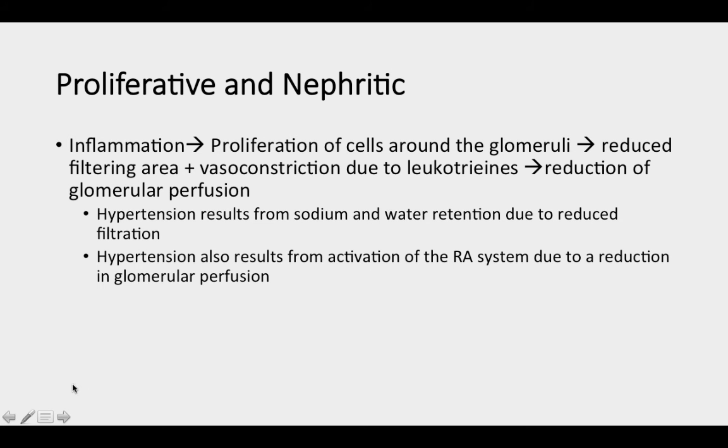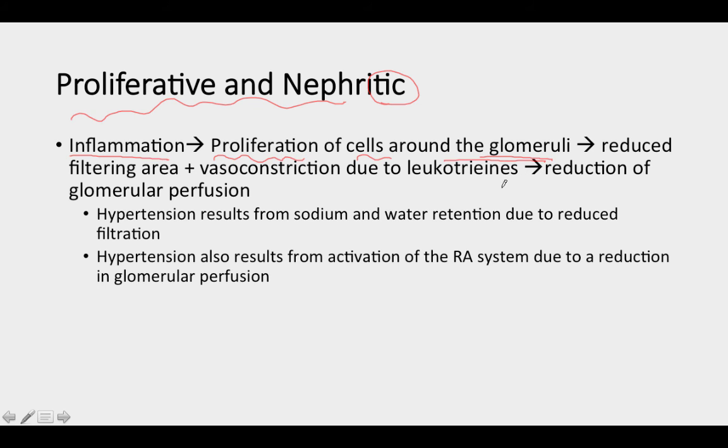So let's talk about proliferative pathology and nephritic syndromes. This is the subset of glomerulonephritis that is actually an inflammatory process, nephritic, right? And what it involves is a proliferation of cells around the glomerulus.